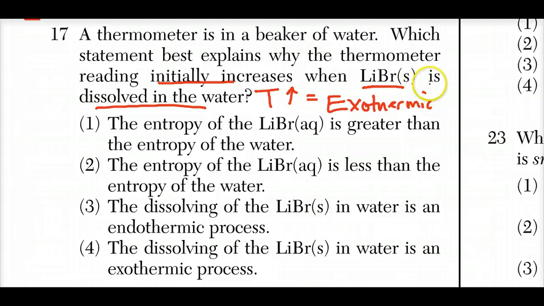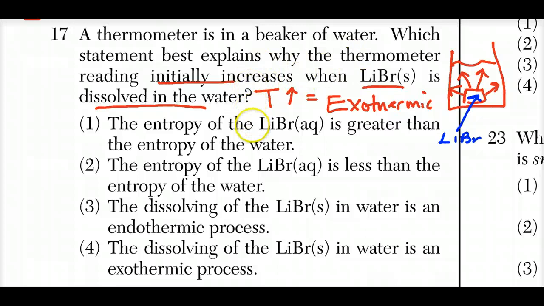Well, if the environment is getting warmer, and the environment here is the water, it must be something releasing heat into it. Here's my water, here's my something. Who is responsible for making the environment warmer? Okay, and it's the LiBr, the chemical. So we say it must be because of an exothermic process.